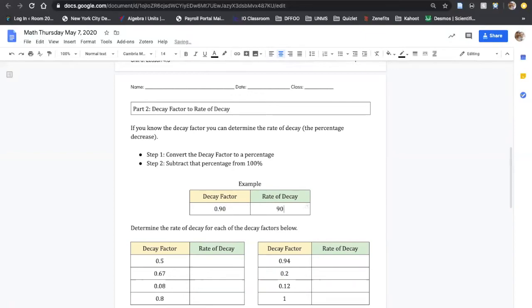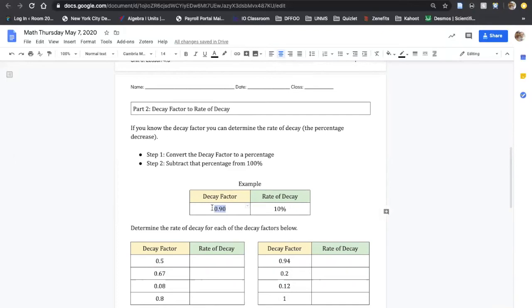That would give me 90%. But remember, that's how much of the value is retained. So this actually represents a decrease of 100% minus 90%, or 10%. So 10% plus 90 gets me to that 100%. So again, be careful. It's kind of the opposite of what you see here.